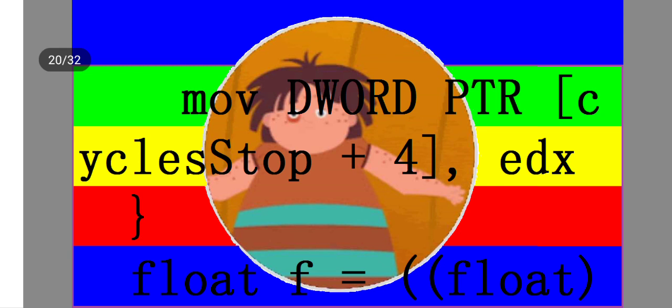MOV dword ptr cycles stop +4, comma, EDX.